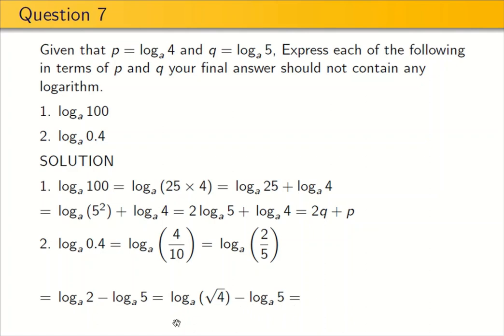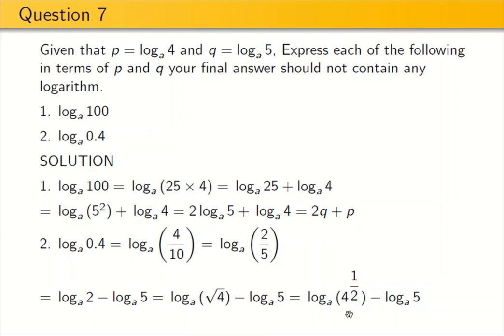In that case, square root, we did an introduction to surds, and in that video, we said that the square root of any number is the same as the number to the power half, right? So this is the same as saying 4 to the power half base a. That is logarithm of 4 to the power half base a minus logarithm of 5 base a.